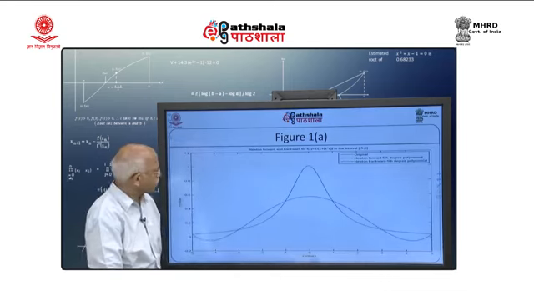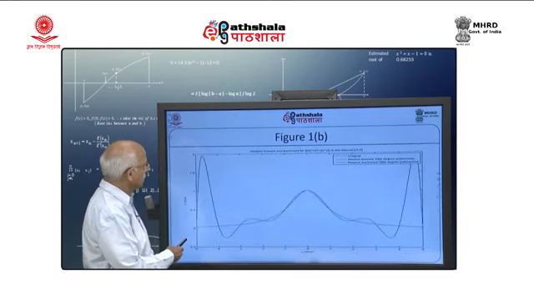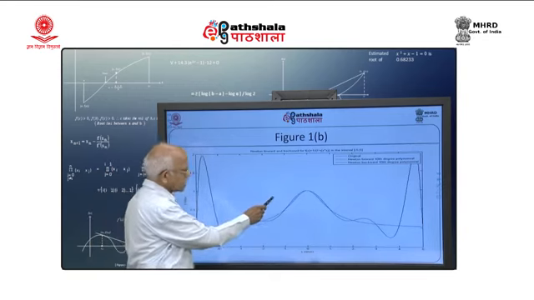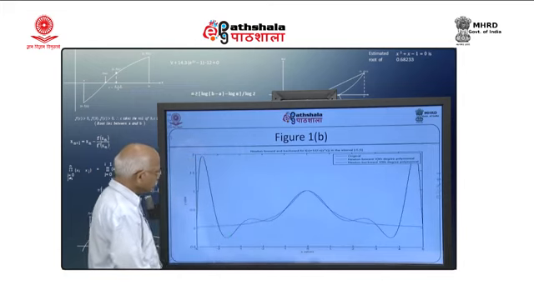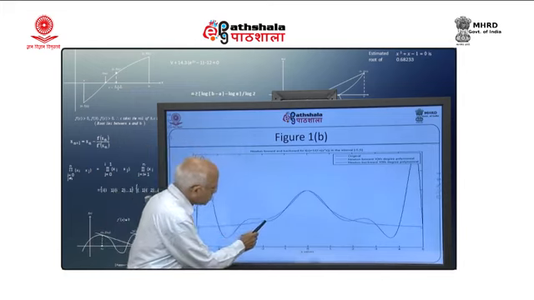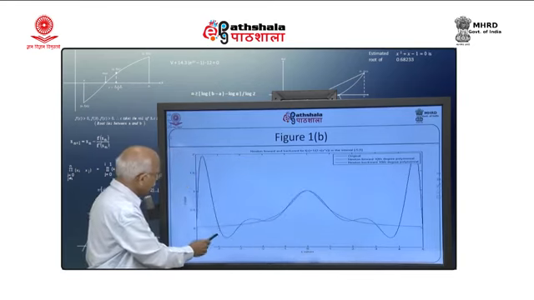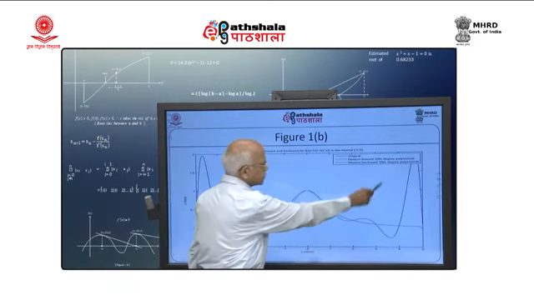Similarly, if you now take degree 10, you can see that the original graph is again the same, minus 5 to plus 5 we are considering, but now there is a bit better matching in the central places, whereas the error increases towards the end.